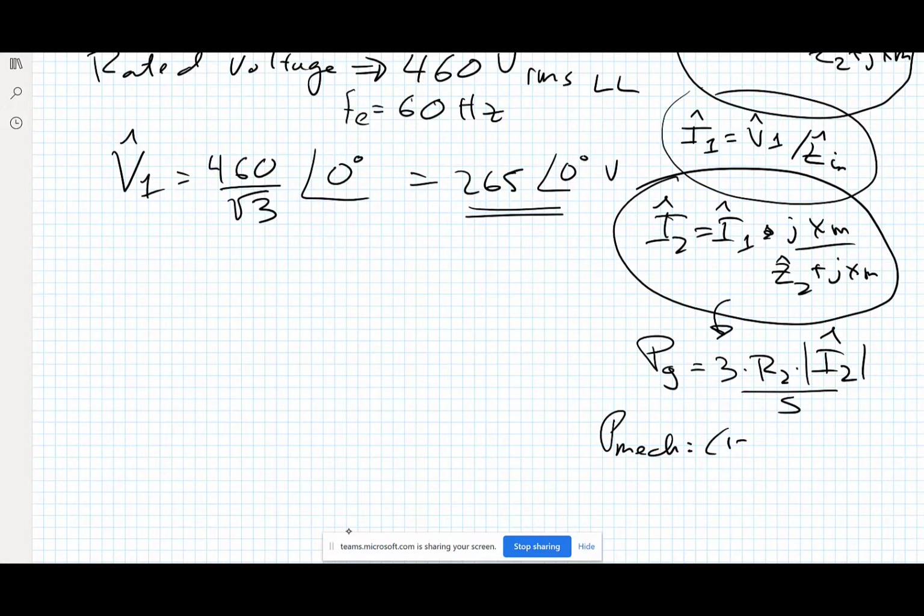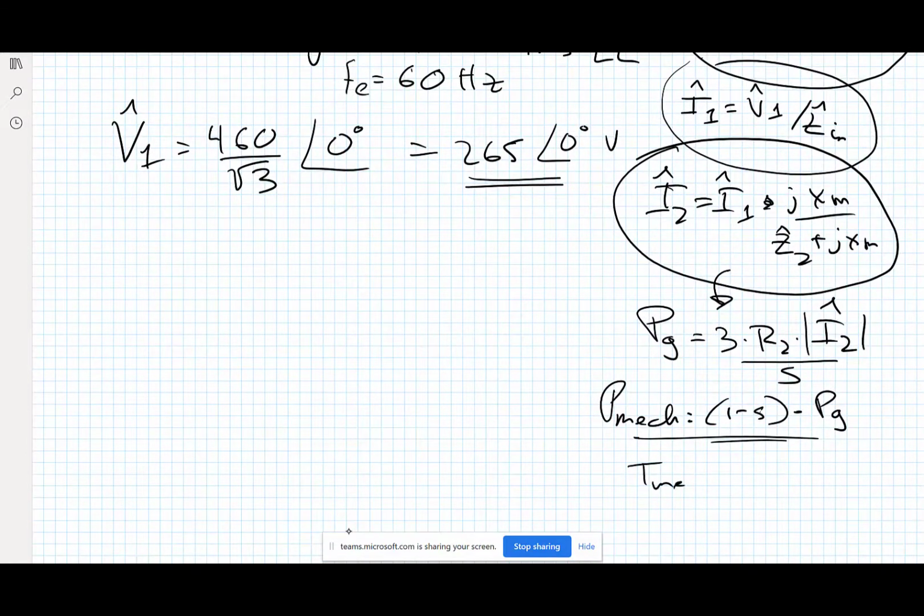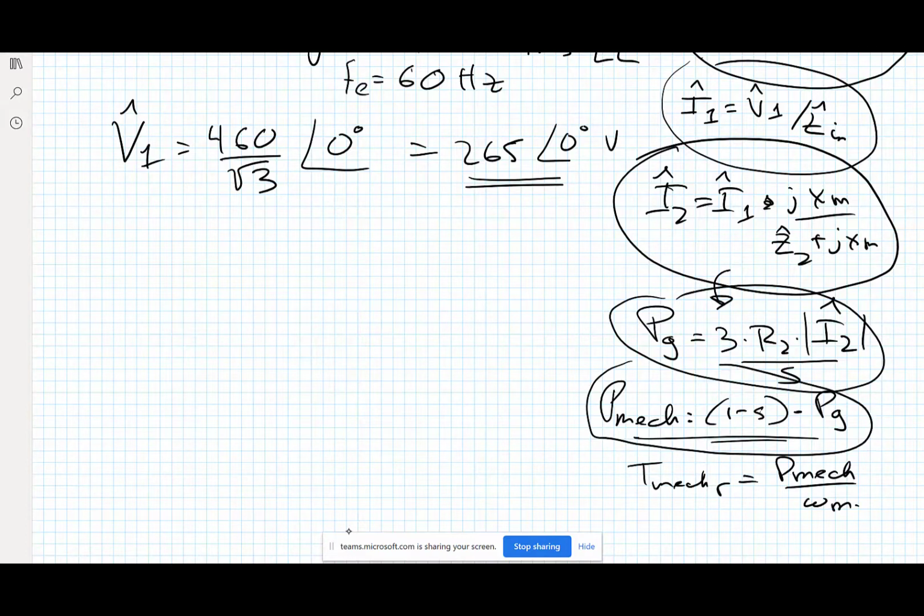If I didn't know slip, I'd do it differently, but I know slip. And then the rated T mechanical would be the P mechanical divided by the mechanical speed. That's simple, okay? Those are the minimum steps to get there.